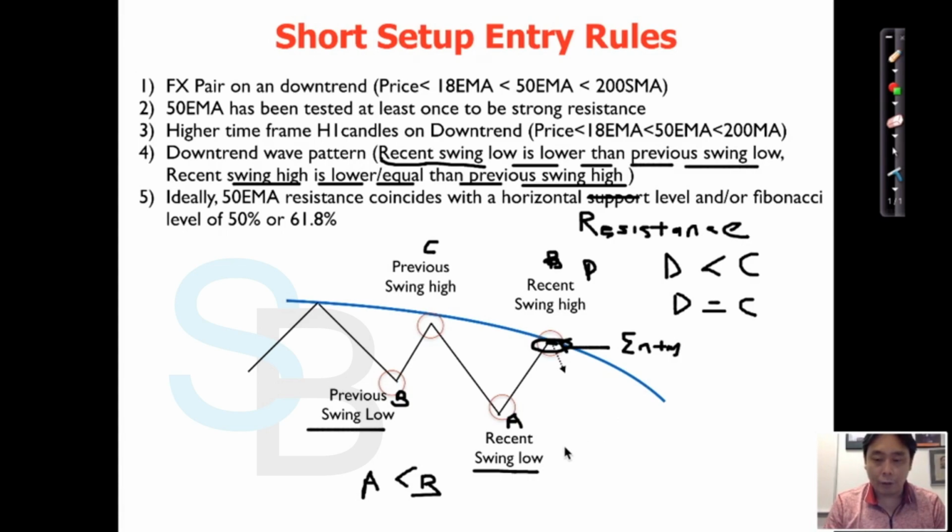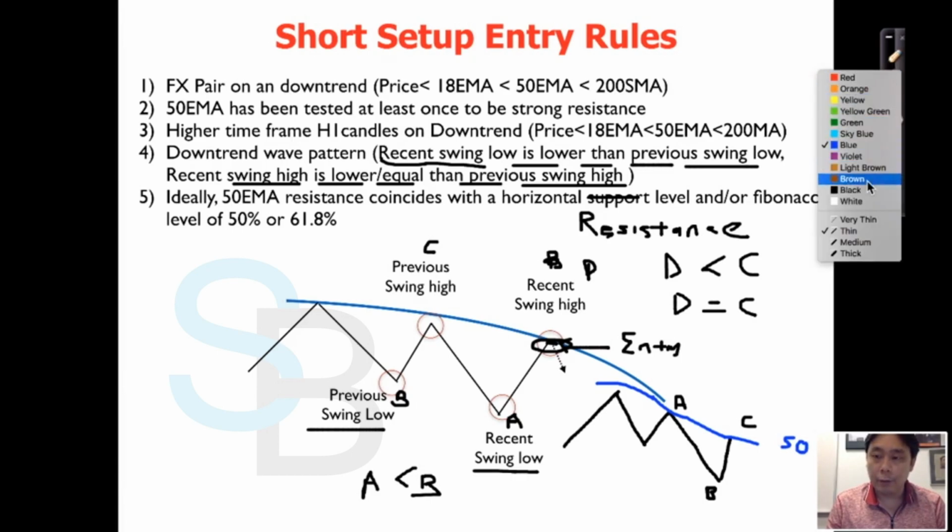So we see it on a downtrend like so. And remember that on a downtrend, the impulse wave is going down, A to B, right? And then it goes to C. So C is the top of the retracement, right? So imagine this is the 50 moving average here. That's the 50.